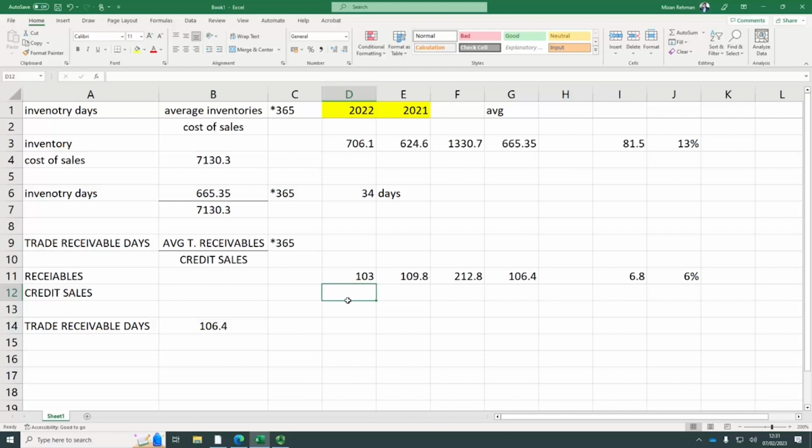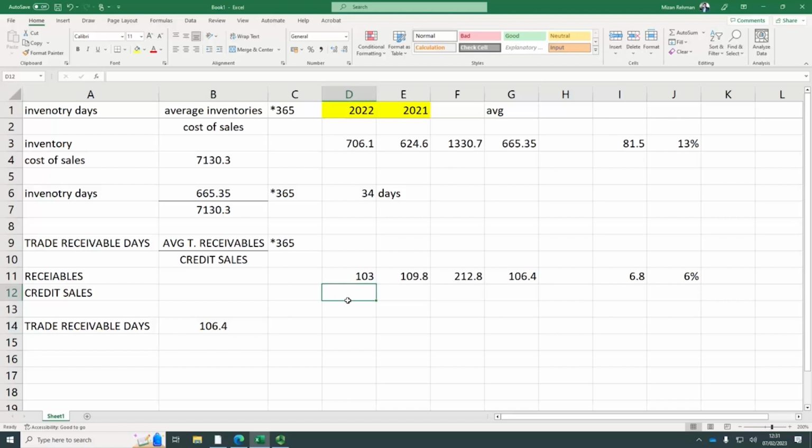We don't really know. So there are a few points to be noted when you're calculating the trade receivable ratio for a retailer who sells on cash. Point number one is, you cannot calculate this ratio accurately. Whatever you do is going to be inaccurate because we don't have access to the correct data.